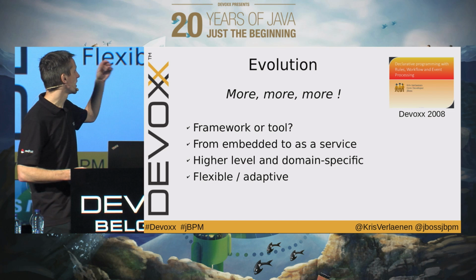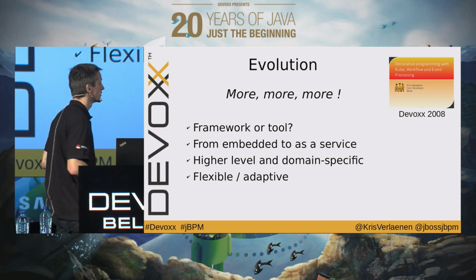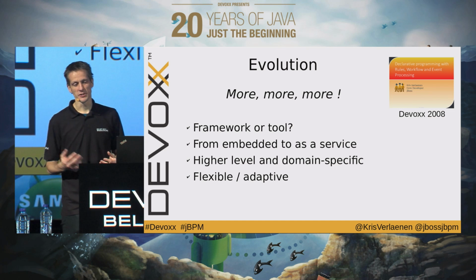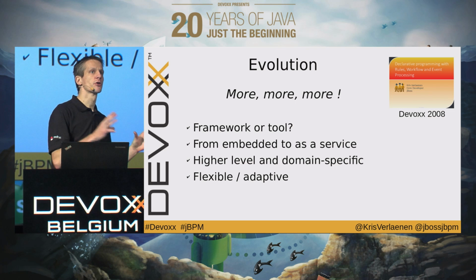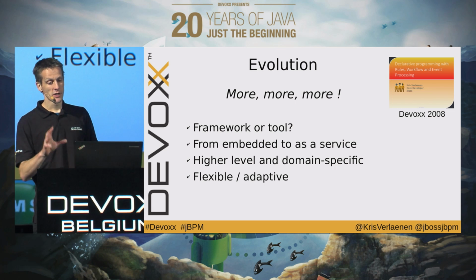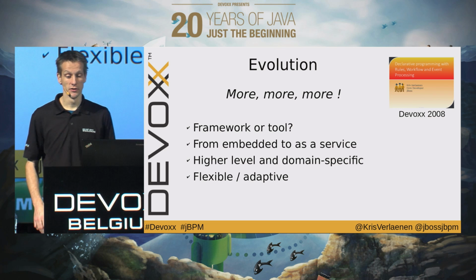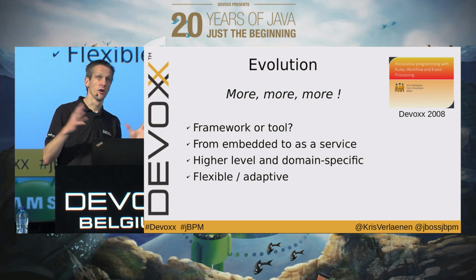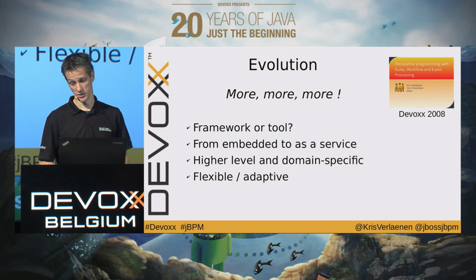I looked up my slides from Devoxx in 2008. I had a university session here then. I went through the slides, and it's very clear that at that point in time, we were talking about different things than what I'm going to be talking about now. In 2008, I did a talk about integration of processes, rules, and event processing, and how the technology could combine all these different paradigms into one engine.